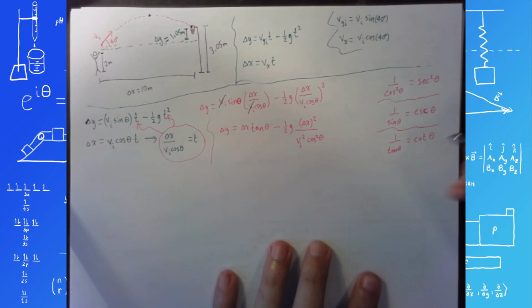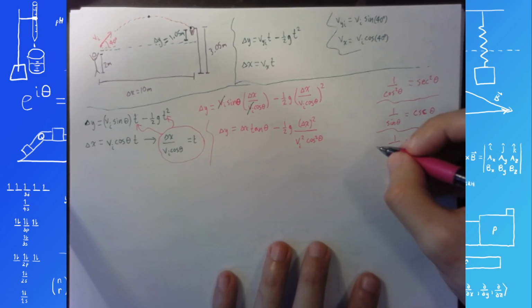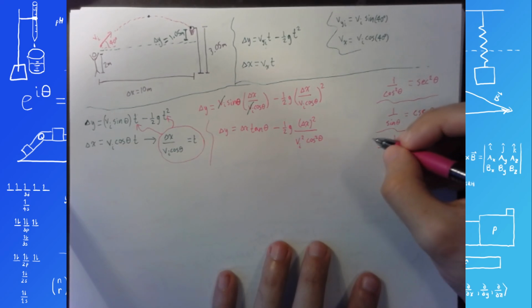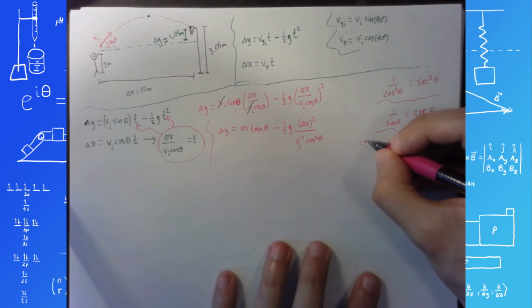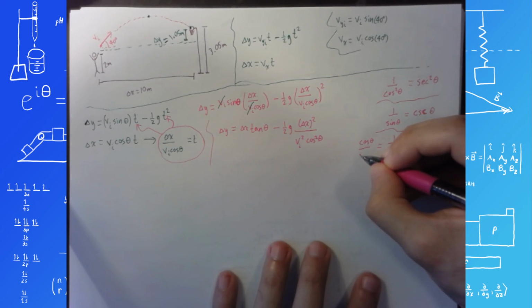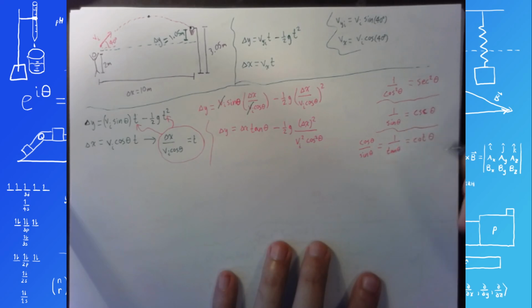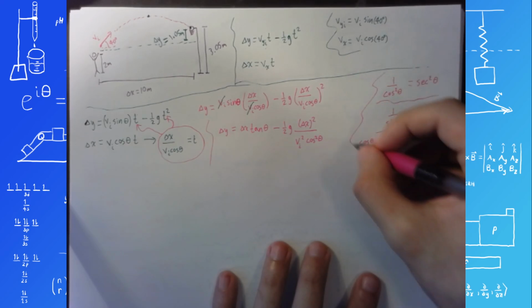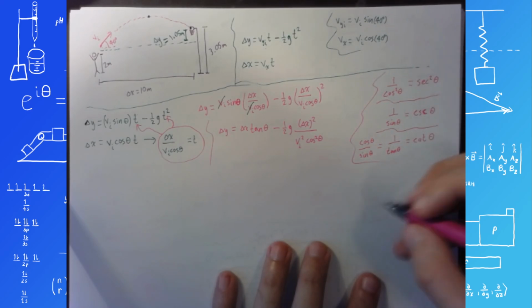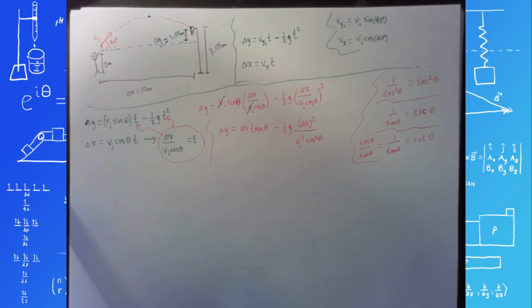And since tangent of theta is sine over cosine, you can also say that cotangent of theta is equal to cosine over sine. You might on rare occasions come across these, so it might be useful to learn them, but you don't have to use them yourself if the problem doesn't mention them.